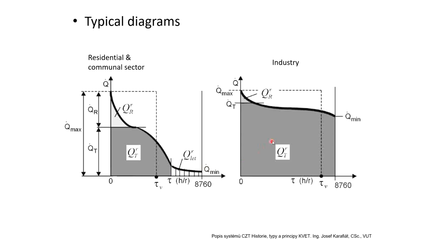And then, for example, for some industry, there is some base load heat demand which is rather constant for most of the year, let's say for some industrial processes, and then just on top of it is superposed what is needed during the seasonal change and for the heating. So the shape of this load demand curve is much less steep, much less sharp.